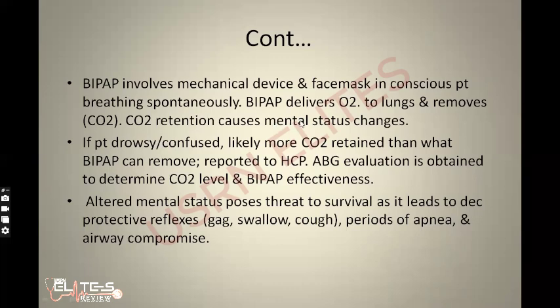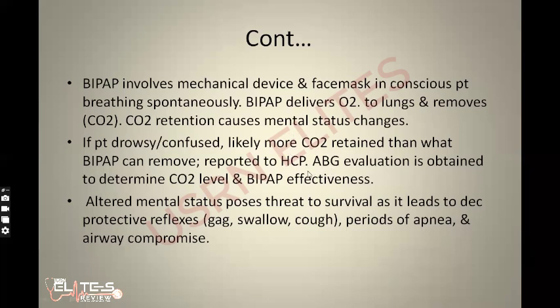And when you have more CO2 in the blood, it has this tendency of causing poor mental status change, right? If the patient is drowsy or confused, it's likely that CO2 is retained, and the BiPAP mask should be removed. And you remove it before you report to the healthcare provider.